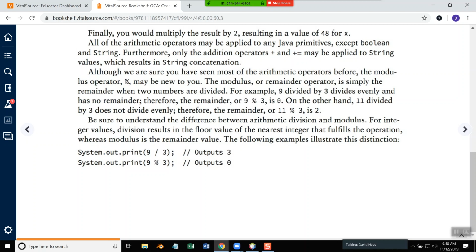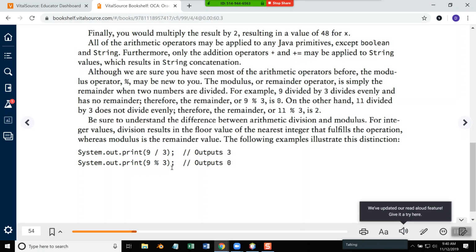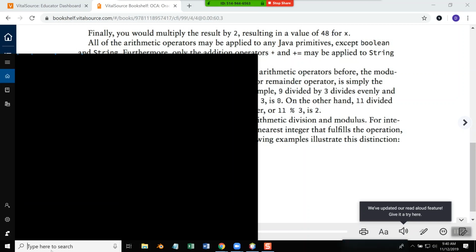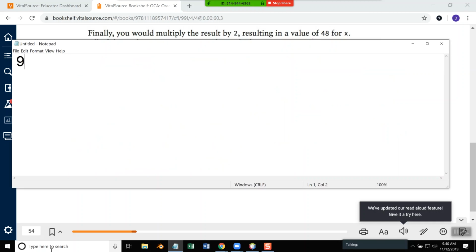Now if you've got the modulus operator, this returns a remainder. So this is old school division. So for example, if I have 9 divided by 2.